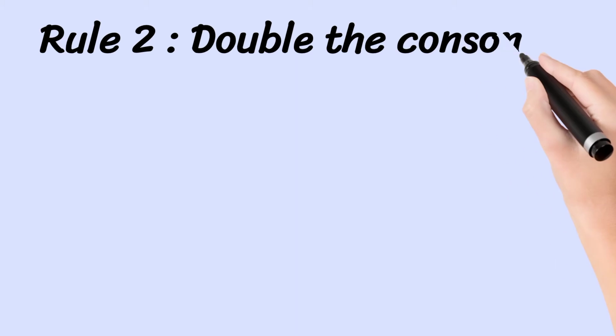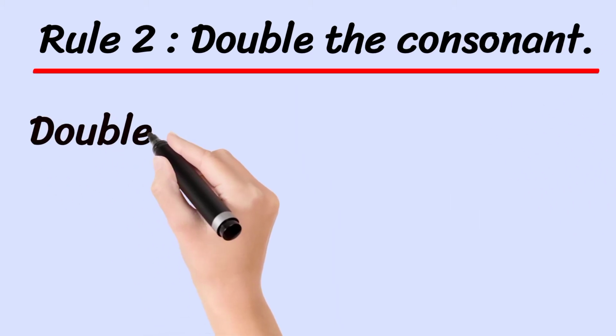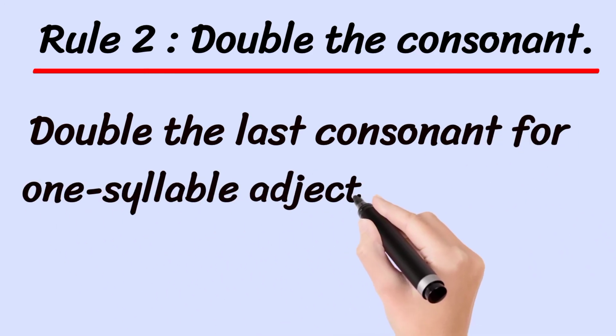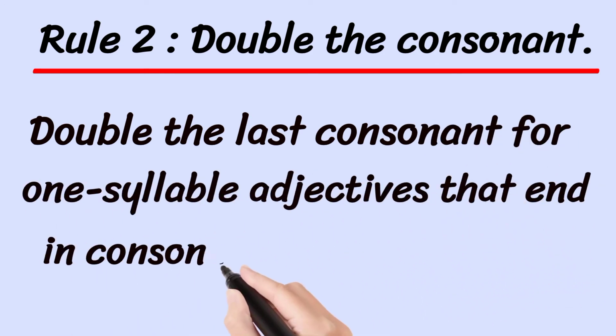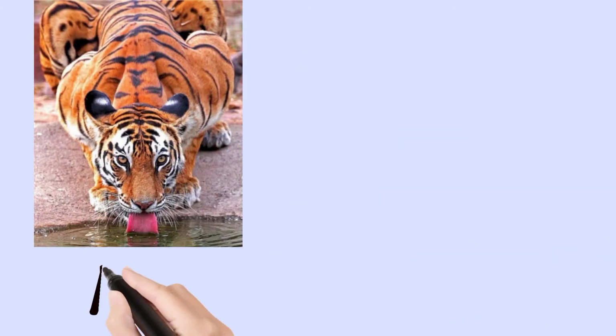Rule number 2, double the consonant. Double the last consonant for one syllable adjective that end in consonant, vowel, consonant. Gandakan konsonan terakhir untuk kata sifat yang berakhir dengan consonant, vocal, consonant. For examples, first, big, besar.